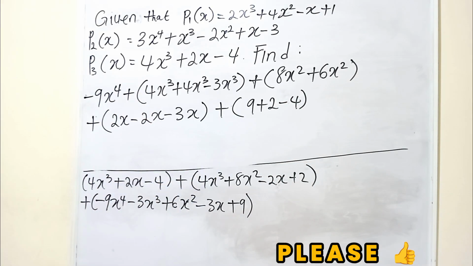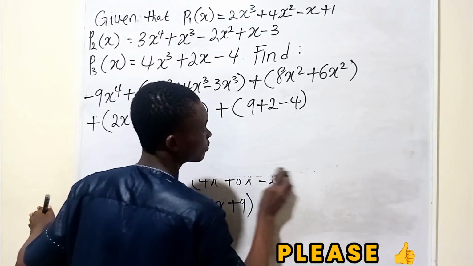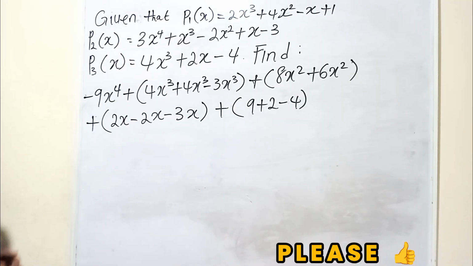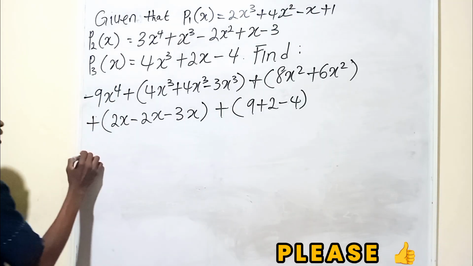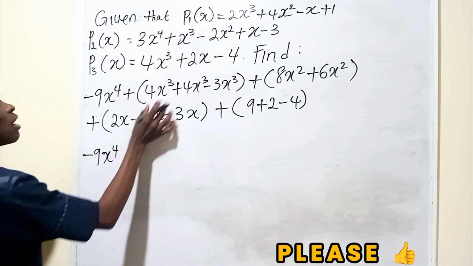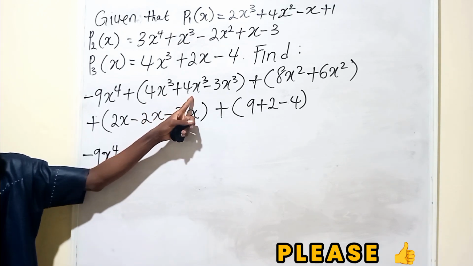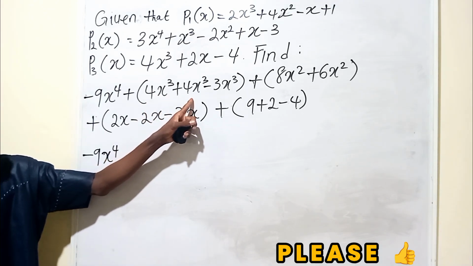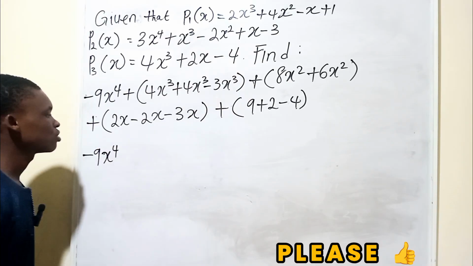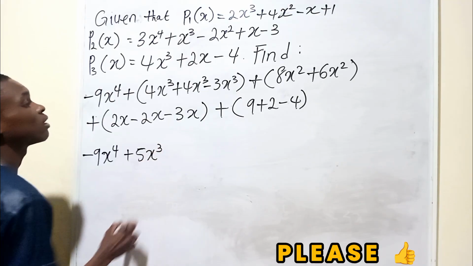All right. So from here, let's simplify so we can get our final answer. Minus 9x to the power 4 is still the same thing. Now, 4x cubed plus 4x cubed is 8x cubed. 8x cubed minus 3x cubed gives us 5x cubed. So this is plus 5x to the power 3.